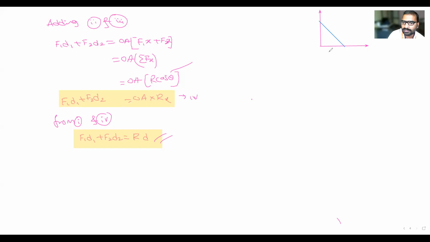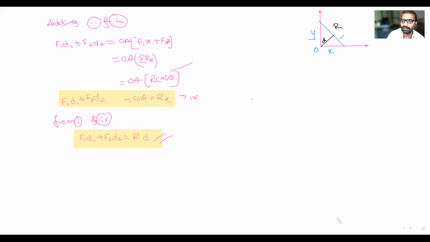So along the x direction, the distance is x. Along the y direction, the distance is y. This is the moment center. The perpendicular distance of the resultant from the moment center, I will take it as d.